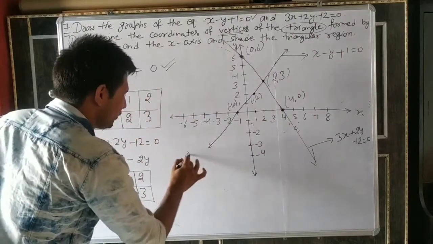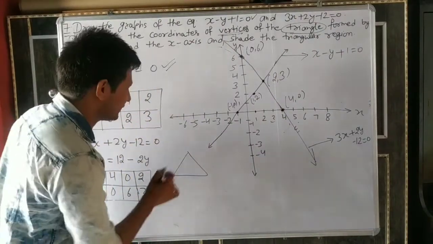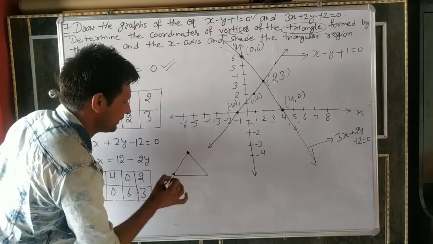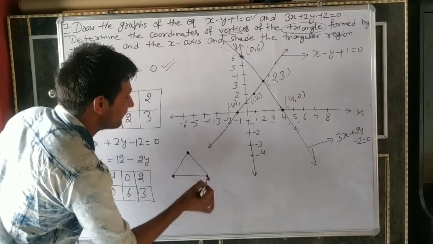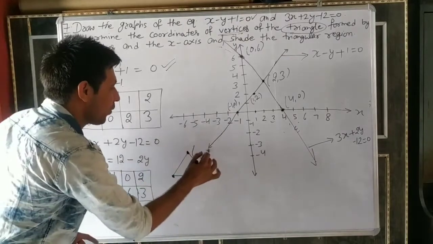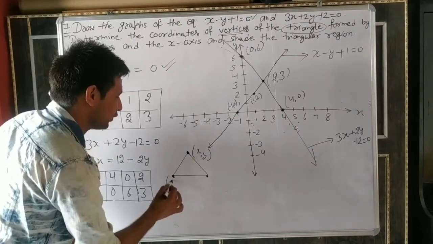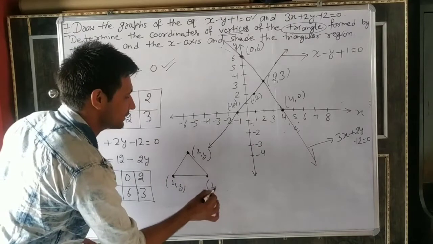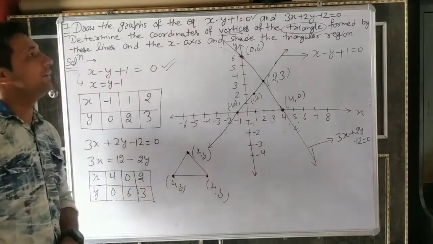Everyone knows, if you make any triangle, there are 3 vertices: 1, 2, 3. We have to find their coordinates, their x and y.